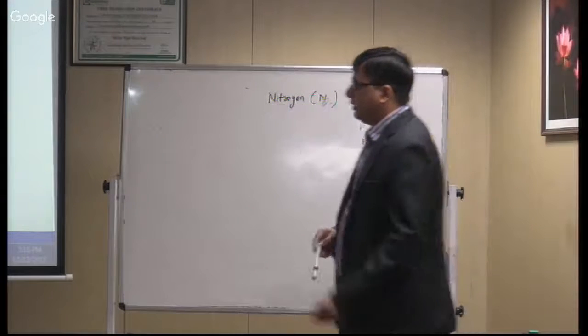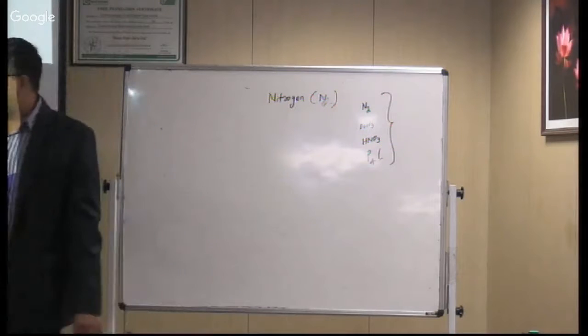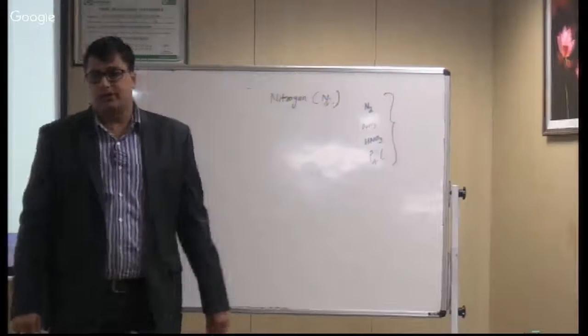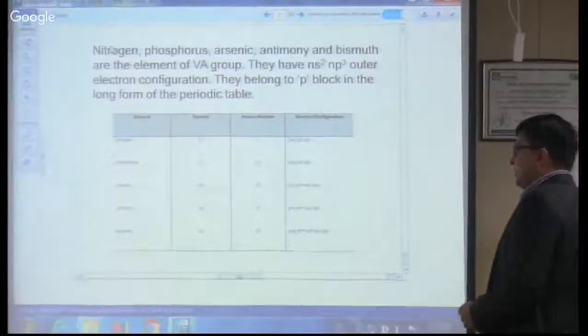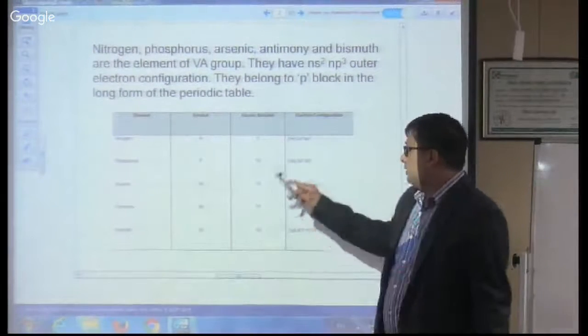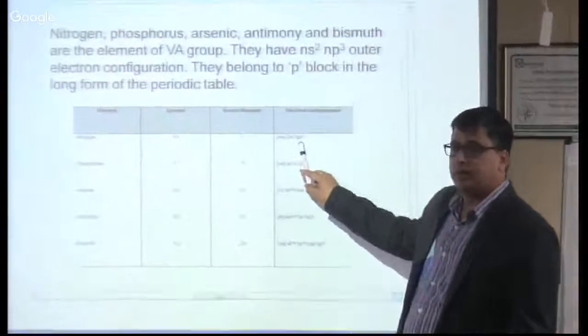So this is a group 15 element. It consists of nitrogen, phosphorus, arsenic As, antimony and bismuth. So the valence configuration is ns2 np3.